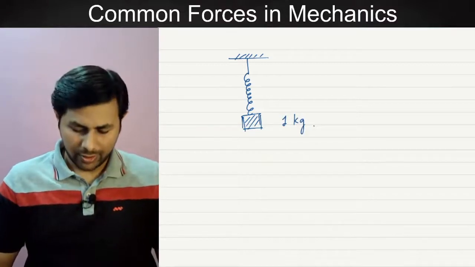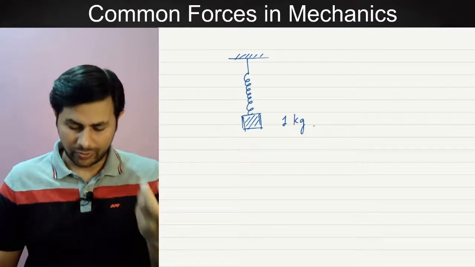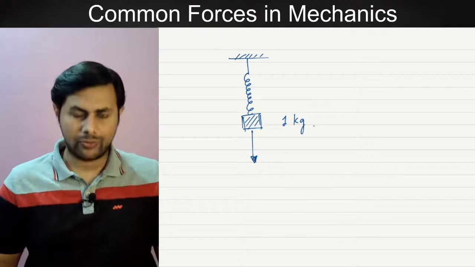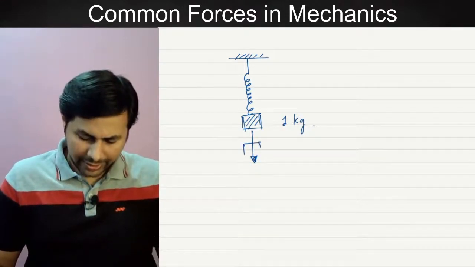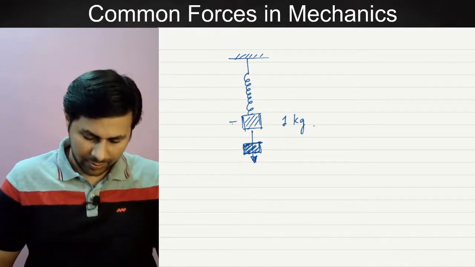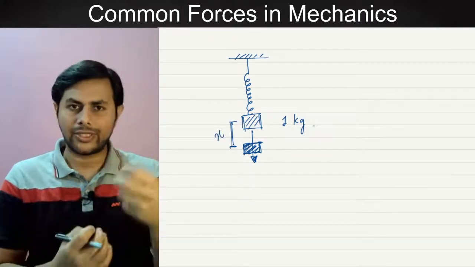Due to the gravitational force, what will happen? This mass is pulled downwards and it gets displaced up to, let's say, distance x. So this much is the elongation in the spring.